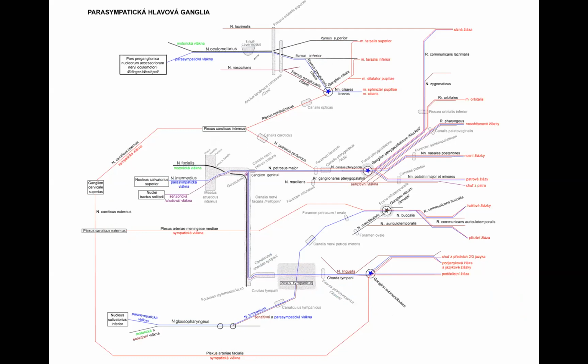Well, so I can add another two pieces of information, which is taste from the anterior 2/3, and here is a taste from the palate. Yeah, it has nothing common with the autonomic system, but you can see how it goes.